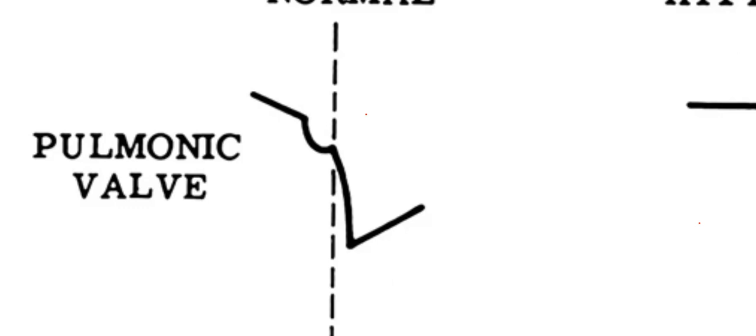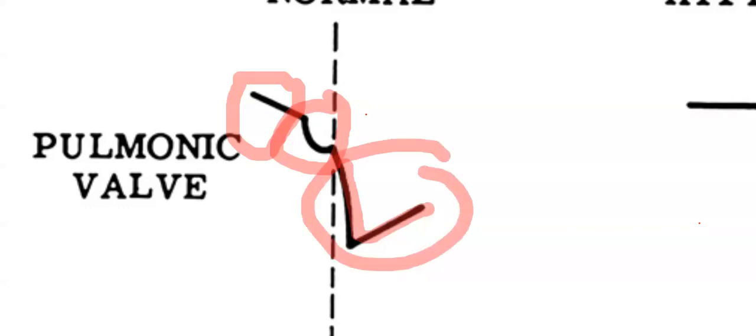It's closed here, and here, and now it opens here. So this is systole, the opening of the valve. We have no problem with the opening of the valve; it opens this way. We just have a problem while it's still closed. The closure line is not uniform. The closure line is like this, with the atrial dip.